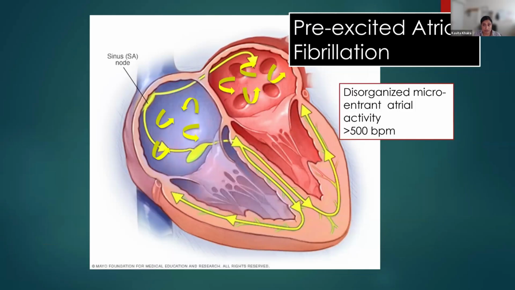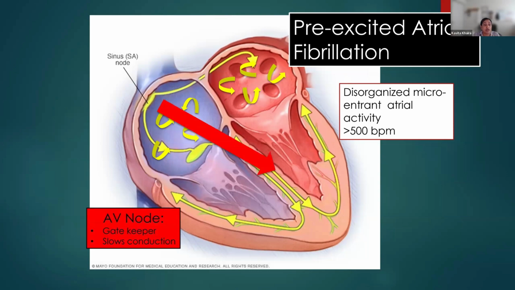Now, what happens is sometimes in these patients, even in young patients, they have a propensity for having atrial fibrillation. So now they're not in sinus, but they're in atrial fibrillation. And atrial fibrillation is this disorganized rhythm where your atrial rate can go upwards of 500 beats a minute. In normal people, the AV node has these gatekeeping properties that slow the conduction.